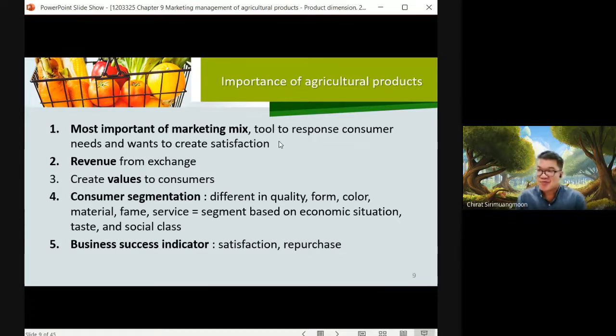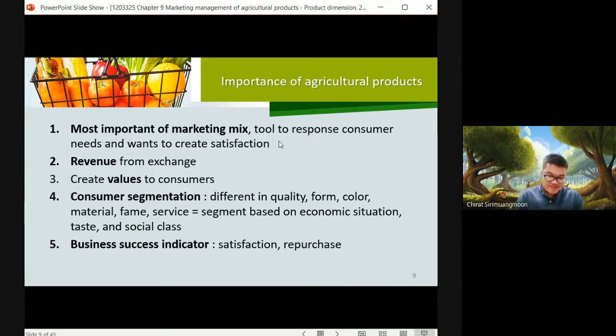So we can measure the success in the business in two ways, like the satisfaction from the consumer, which you need to maximize, and also the repurchase. So these are the 5 points about the importance of agricultural products.